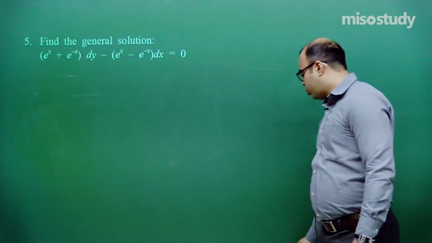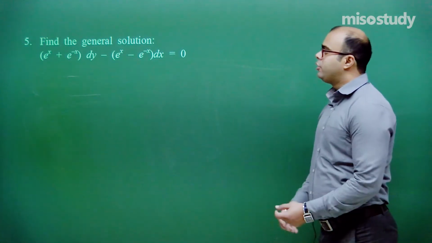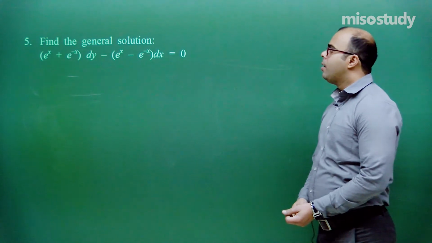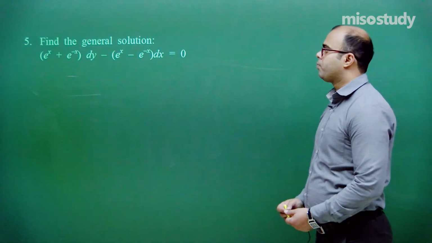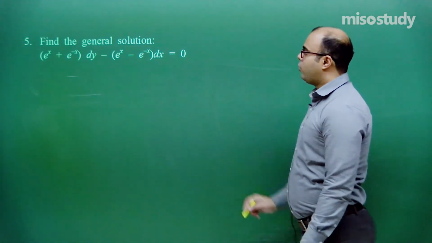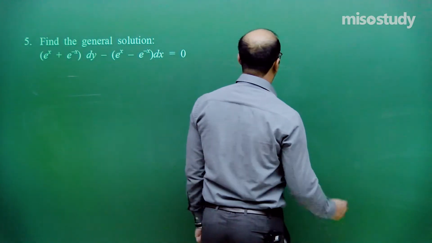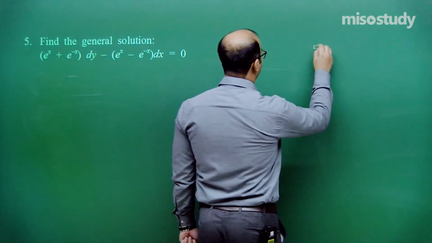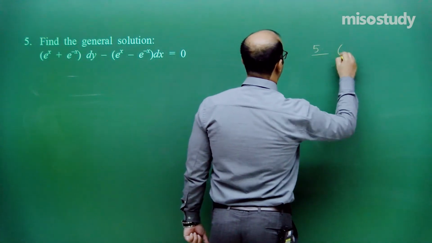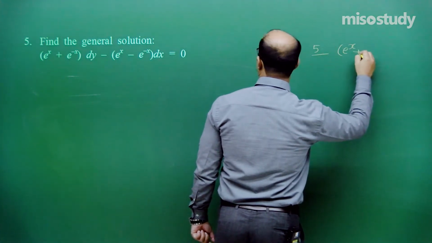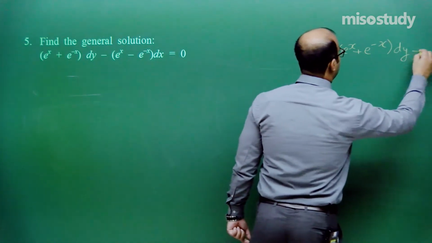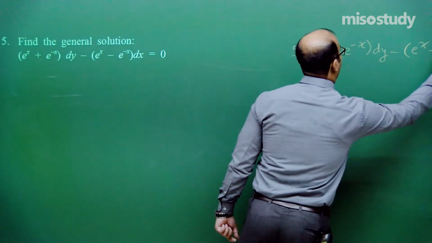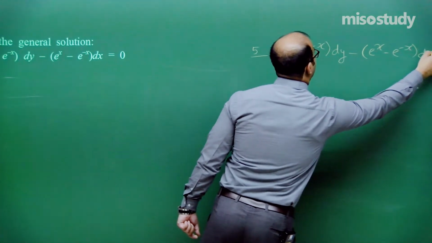Find the general solution of (e to the power x plus e to the power minus x) dy minus (e to the power x minus e to the power minus x) dx equal to 0. So we can write this given differential equation like this: (e to the power x plus e to the power minus x) dy minus (e to the power x minus e to the power minus x) dx equal to 0.